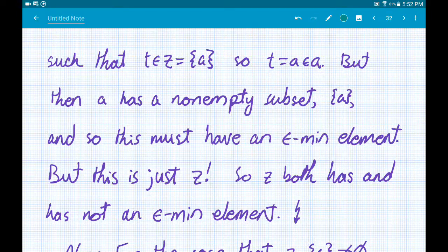But if t is in Z, then t is precisely equal to a, and on the previous page we assumed that t was in a, so we have that a is in a.